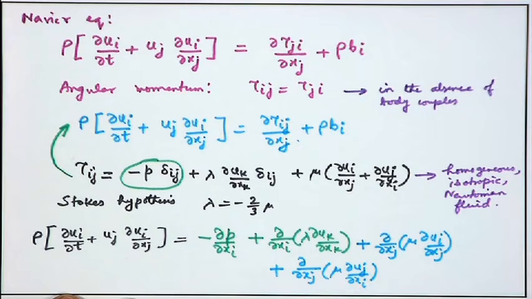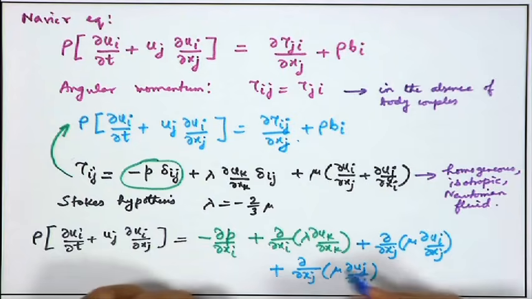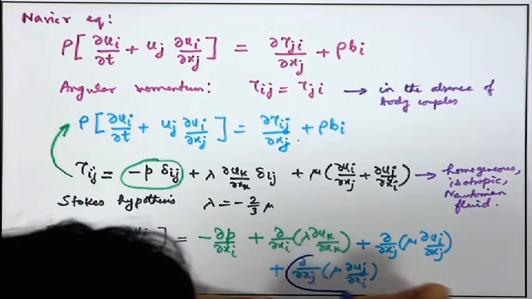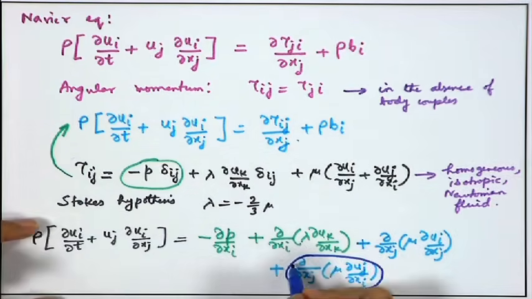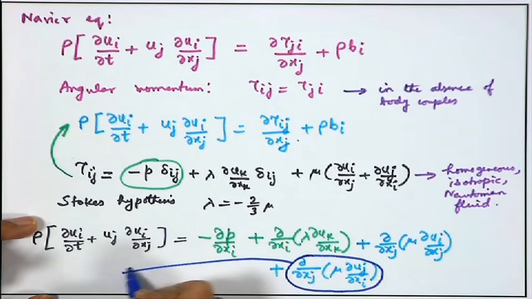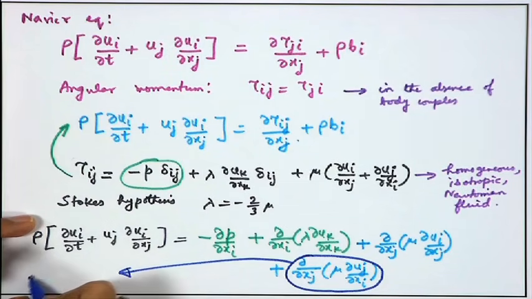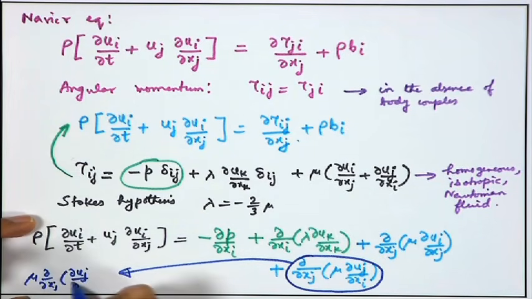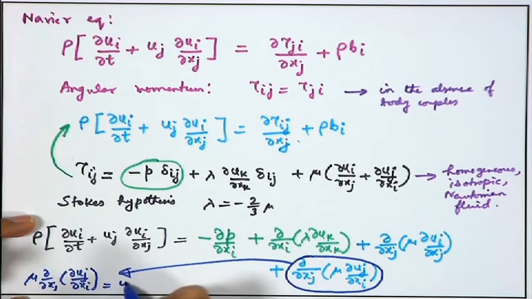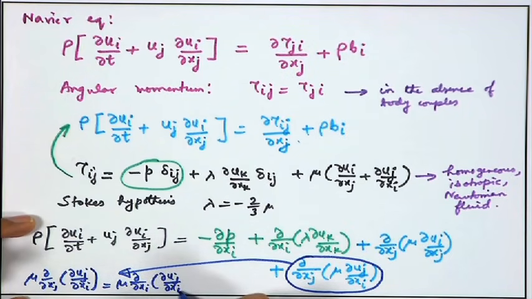So, now we will manipulate this last term. See, mu is a constant, so we have taken it to be independent of position. So, this we can write as mu del x j of del u j del x i. This is as good as mu del x i of del u j del x j. Why can we write this?